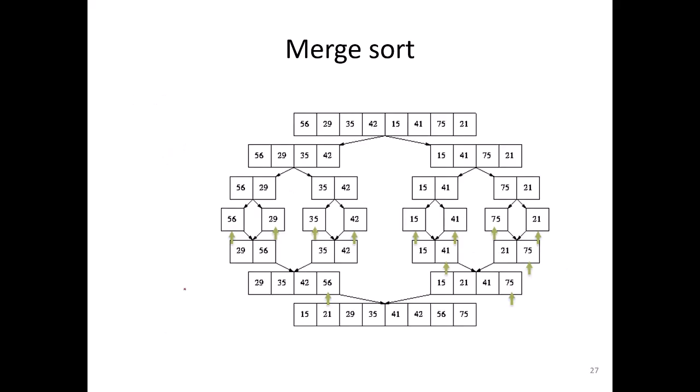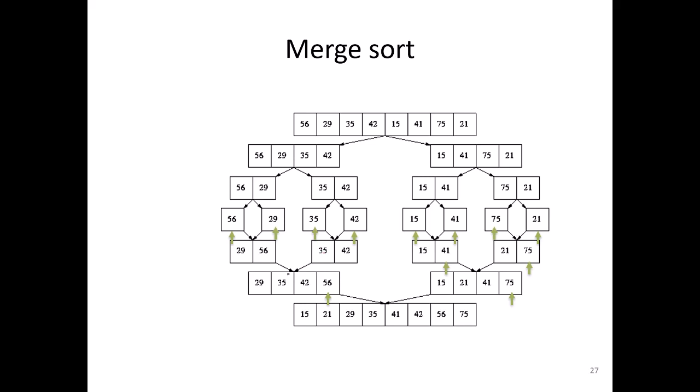For example, here the left position value is 56 and the right position value is 35. The left position value is not less than or equal to the right position value, so copy the right position value and store it into the temporary array. In this way it works.